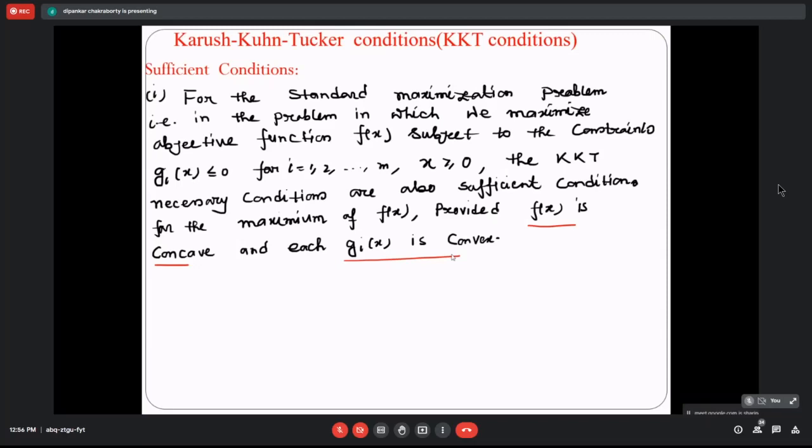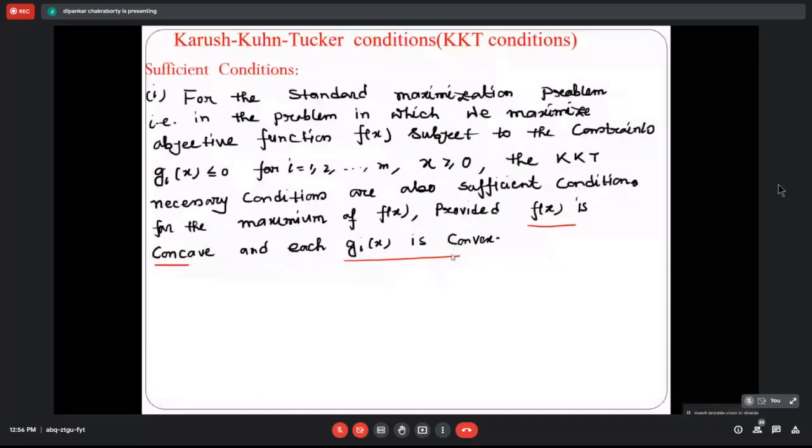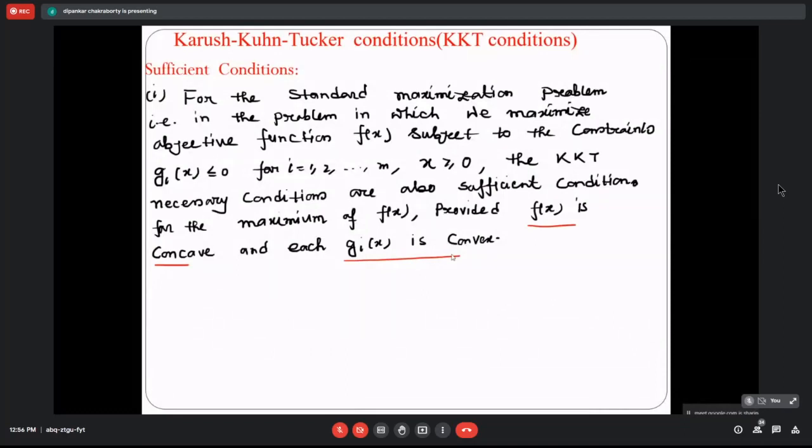If the objective function is concave and if each of the constraints is convex, then we can say that the point we are getting from the necessary condition is actually going to maximize the objective function. Is it clear now? Yes, sir.